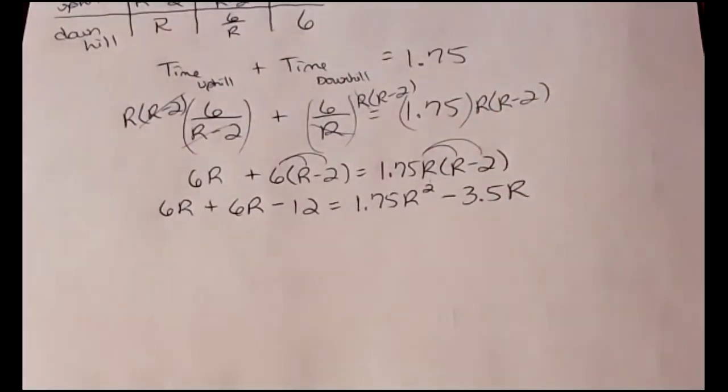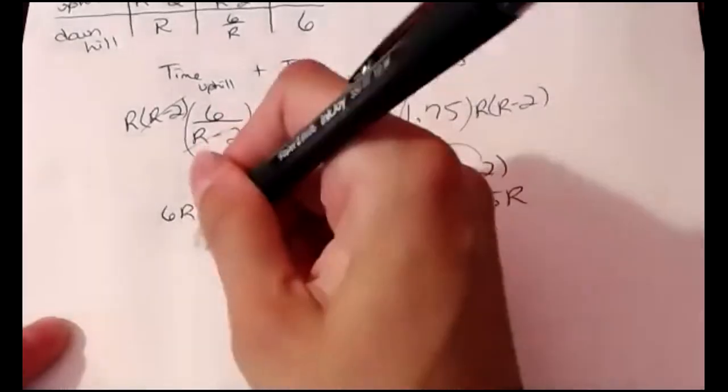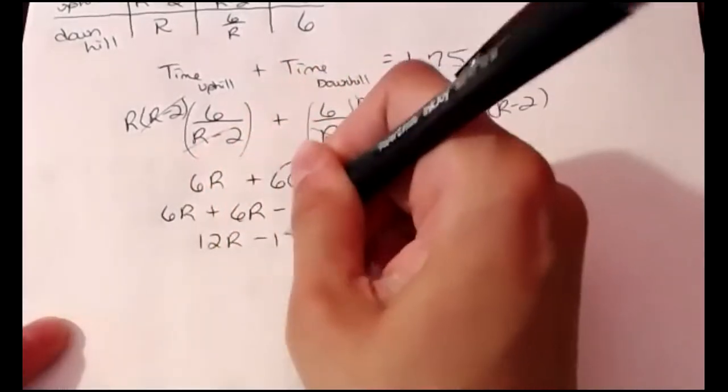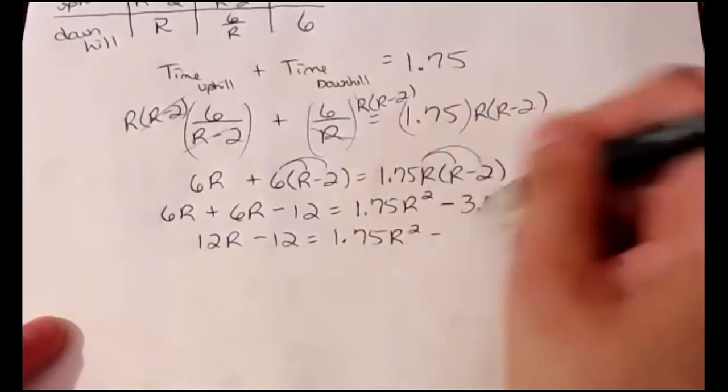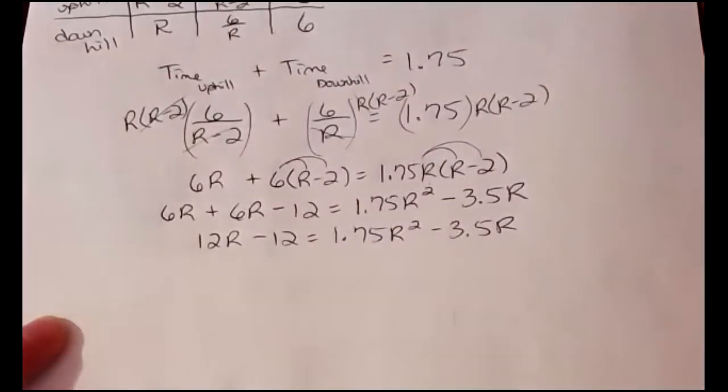Awesome. I think at this point, Oliver would say set this equal to 0. So we're going to combine like terms here. This is 12r minus 12 is equal to 1.75r squared minus 3.5r, and we will bring these over. We want to set this equal to 0, so then we can use the quadratic equation to help us solve.